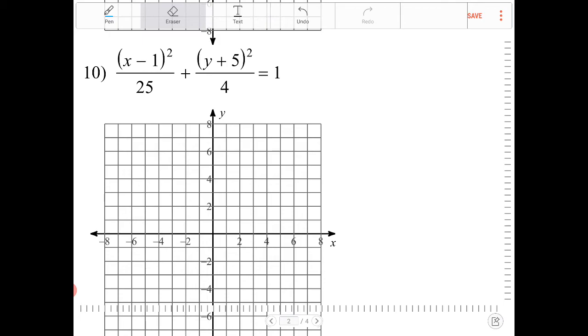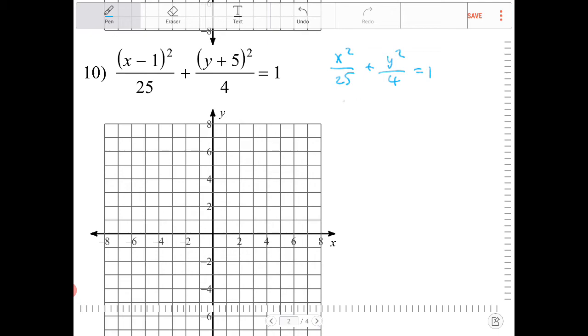This is an alternative way of thinking about it. You can graph this guy first and then perform a transformation. And this can actually cut down on some of the mathematics. So if we graph this equation oriented in the center, and then shift it, perhaps that can be a little easier.